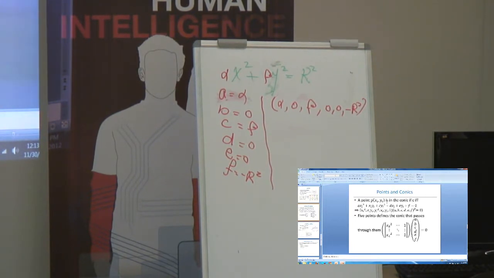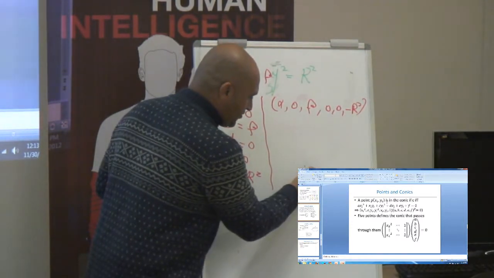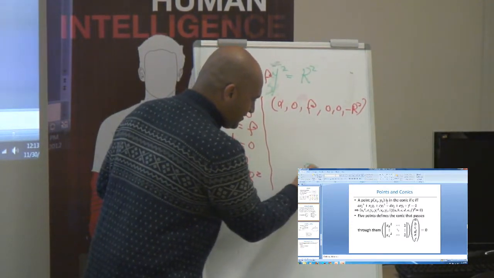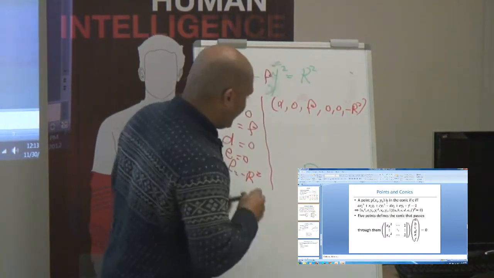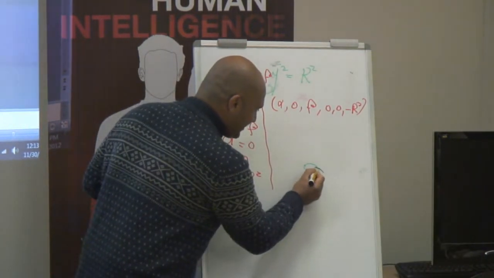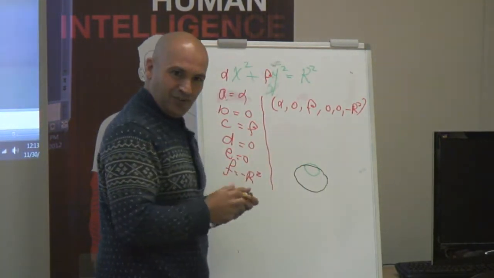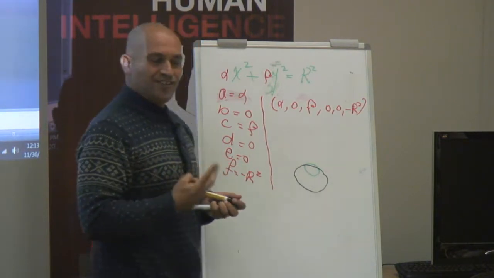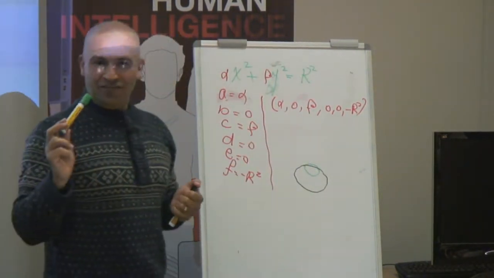If I have 2 points, I could draw this circle. Sorry, I'm not good at drawing. I could draw an infinite number of circles, so 2 points is not enough to draw a circle. 3 definitely is enough.